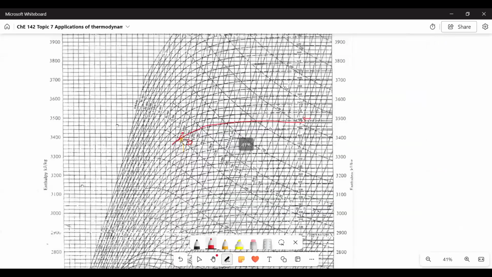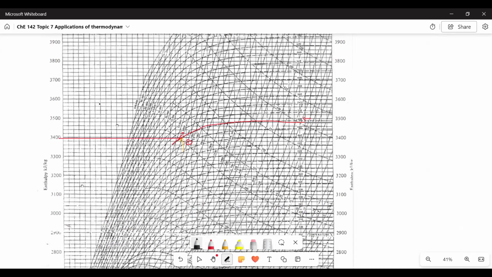So we now read from the graph the entropy and enthalpy. So first, let's read using a straight line. So it's near 3,400. The value from letter A is 3391. So approximately 3390. So let's write that.